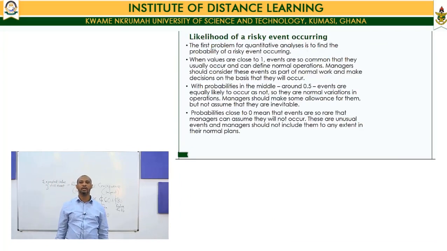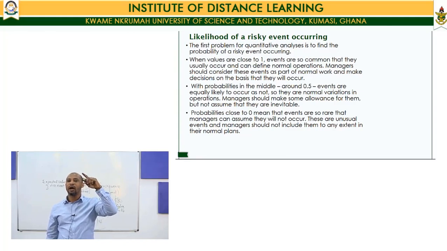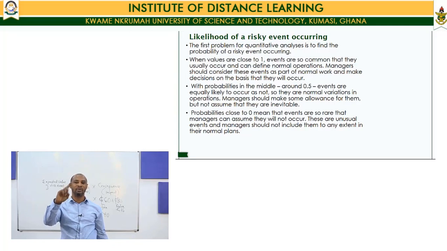So when you want to look at the probability of a risk event occurring, the first problem is for you to subjectively look at what can cause it to happen. So the first problem for quantitative analysis is always to find the probability of the risk event occurring, because this some way somehow can only be done subjectively.